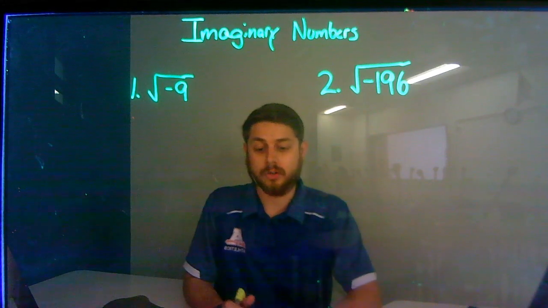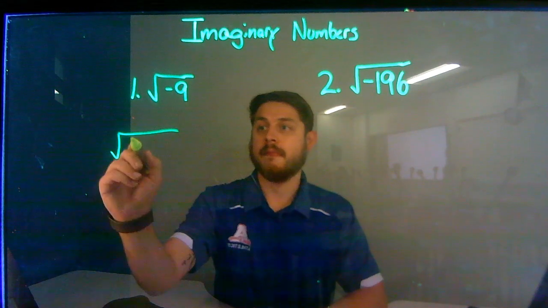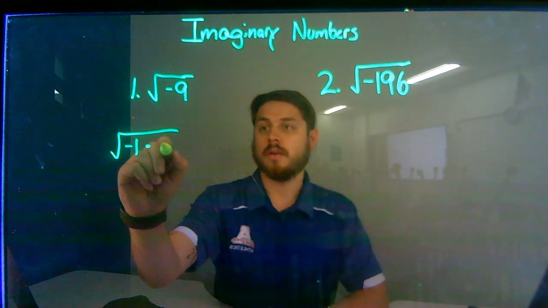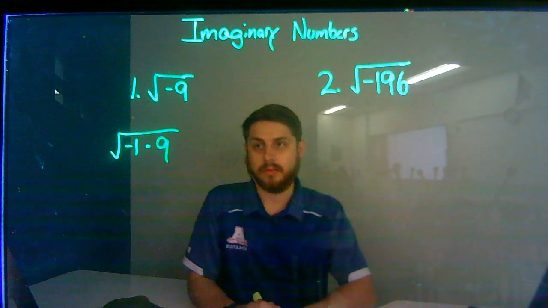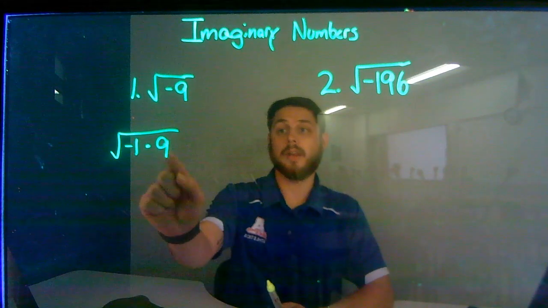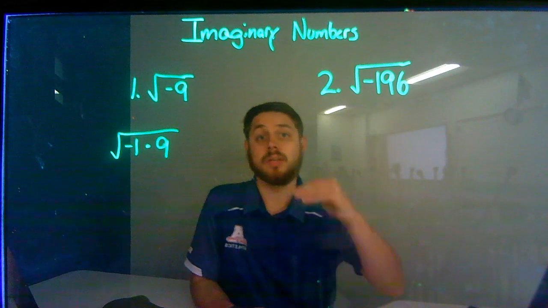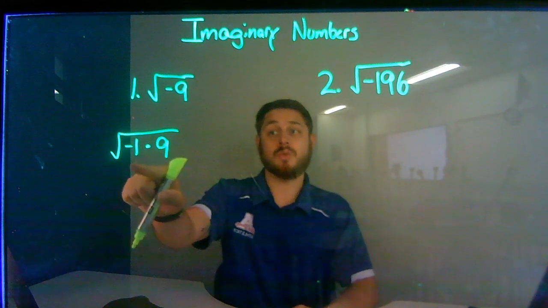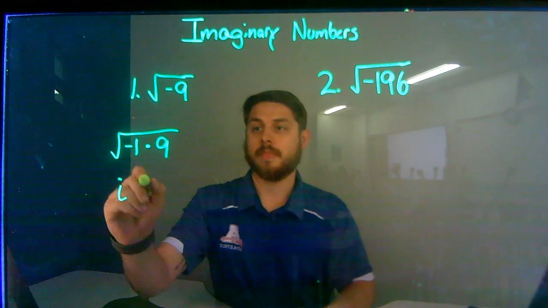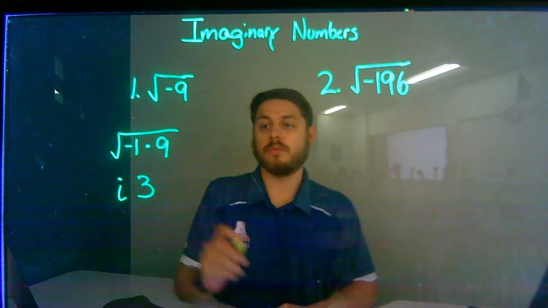The first thing we're going to do is rewrite this as the square root of -1 times the square root of 9. That splits up the 9 and the -1. What we just talked about in the section above is that the square root of -1 is i, and the square root of 9 is 3.